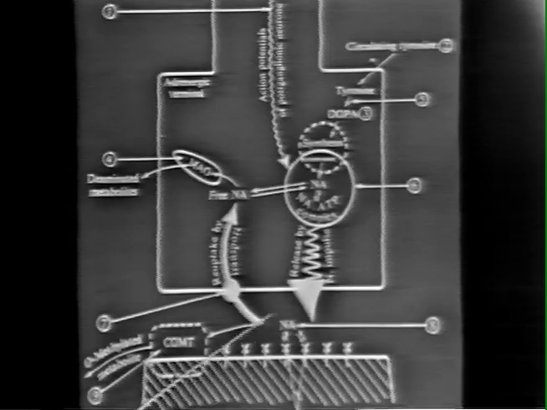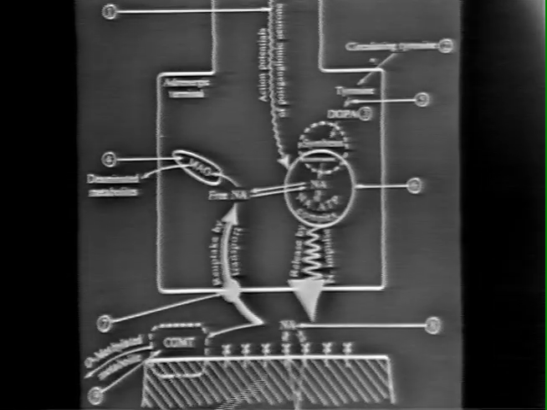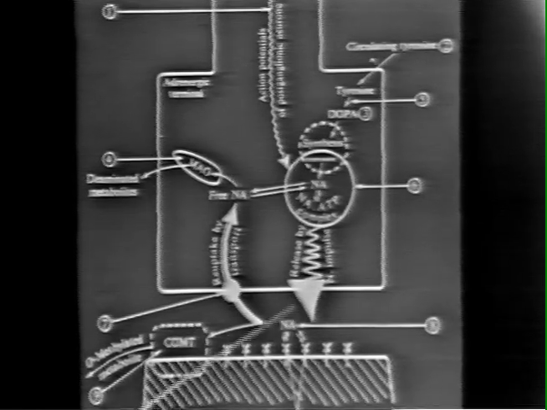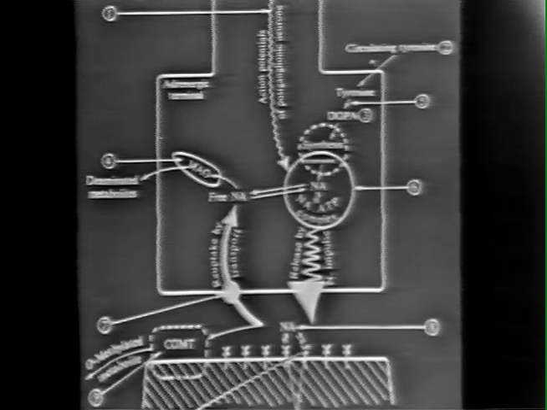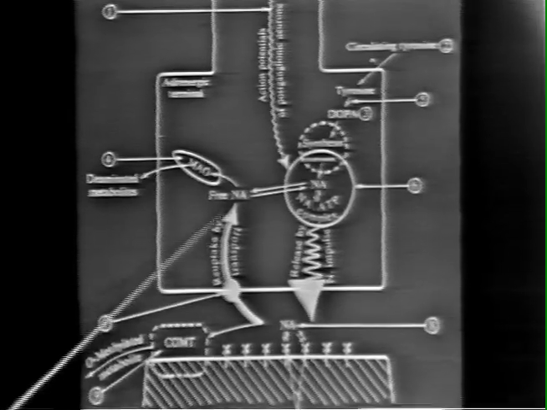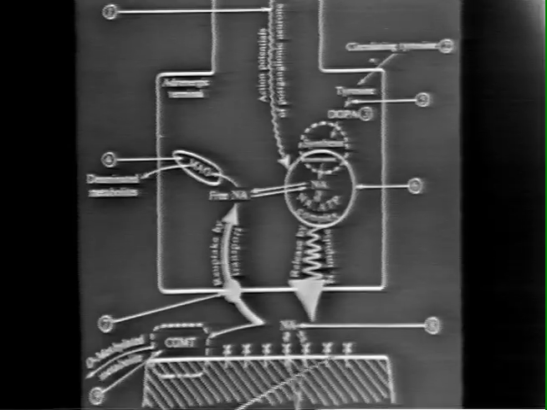Now, in contrast to this, during the high frequency stimulation, the catecholamine is released much faster, and it saturates the uptake process by reaching a relatively high concentration in this area in a short period of time. Once the uptake process is saturated, the excess amine then builds up to a higher concentration and is able to act on the receptors.